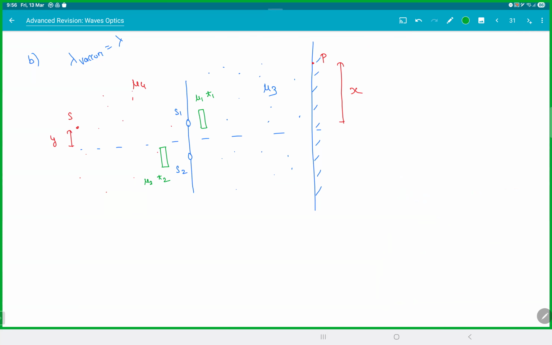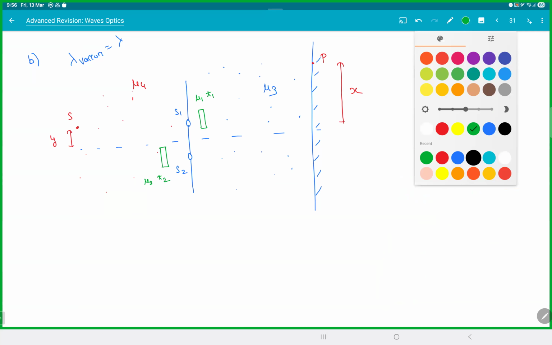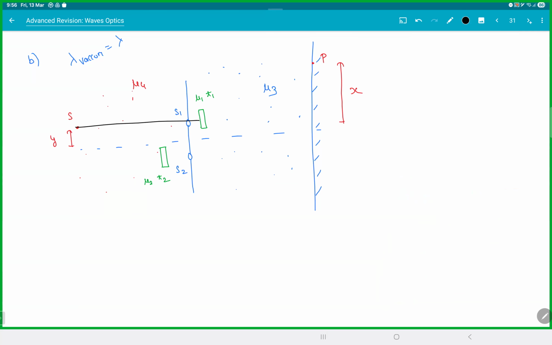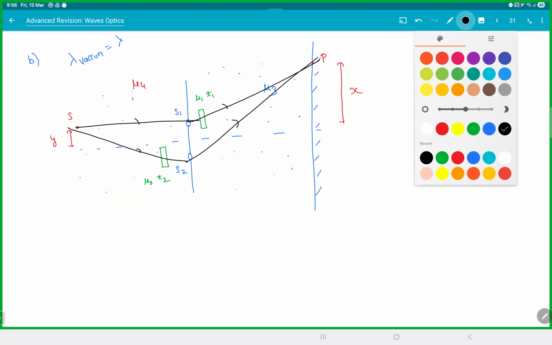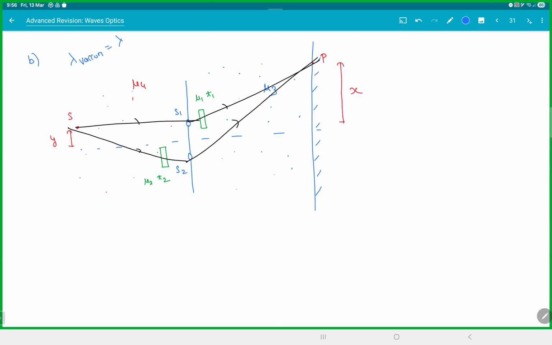So we are taking light rays. One ray, and use some black. This one goes through S1 and then goes like this. This one goes here and then goes like this. Perfect. So the first thing: what you want to find is SS2 and SS1P, but again, be careful here.